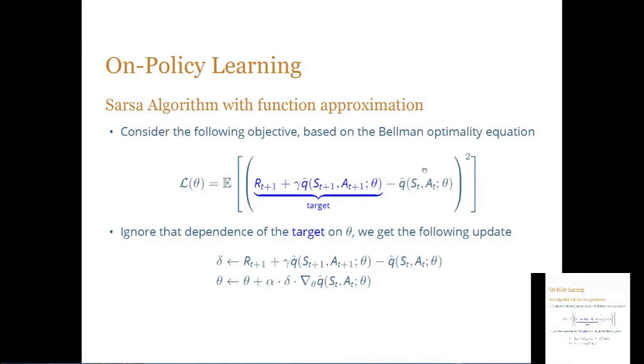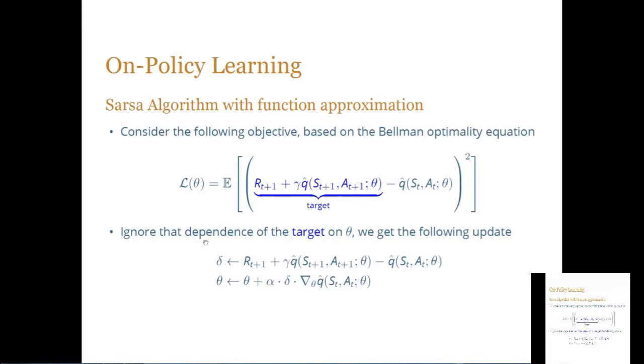So for a given estimate q hat, which is our function approximation, we will consider as target the reward that we observe at the next time step, plus q hat at the next state and action. So this would be SARSA 0, so TD 0. And here notice that the target also depends on our approximation. So this is a bit strange, no?